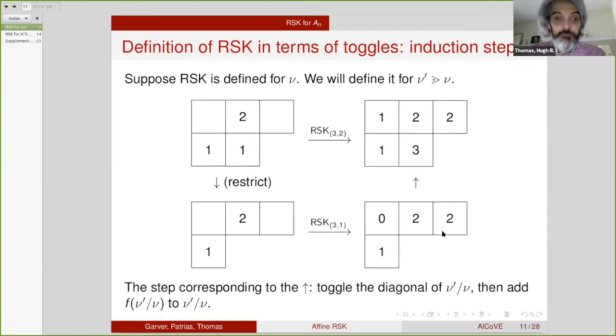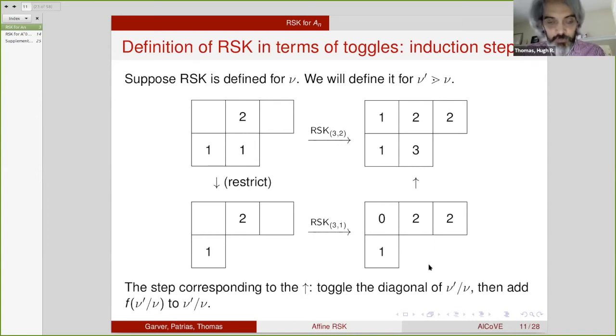And then finally, the interesting step is, what do we do now to find what the RSK for 3.2 is? That step is we toggle the whole diagonal of that box that was in nu prime but not in nu.